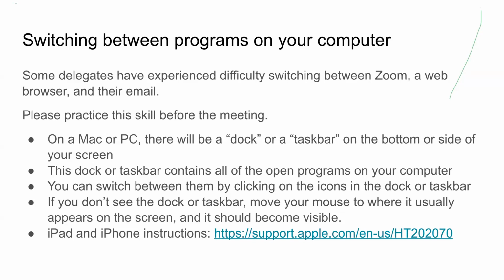And you should be able to scroll left to right and choose the one that you want. Great. Thank you, Judy. So you're saying that in the lower left-hand corner, there should be an icon that you can click on to bring up all the different programs that you currently have running, similar to what I was describing on the iPhone? Yes. That's great. Thank you, Judy, for helping out with that. Really appreciate it.